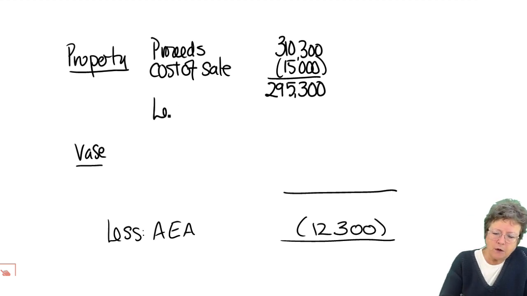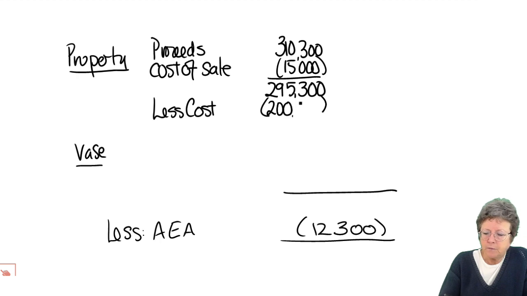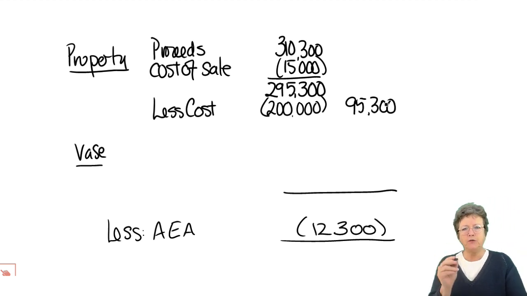Now we take off the cost, and the cost was 200,000, which leaves us with 95,300. Proceeds less cost equals gain.